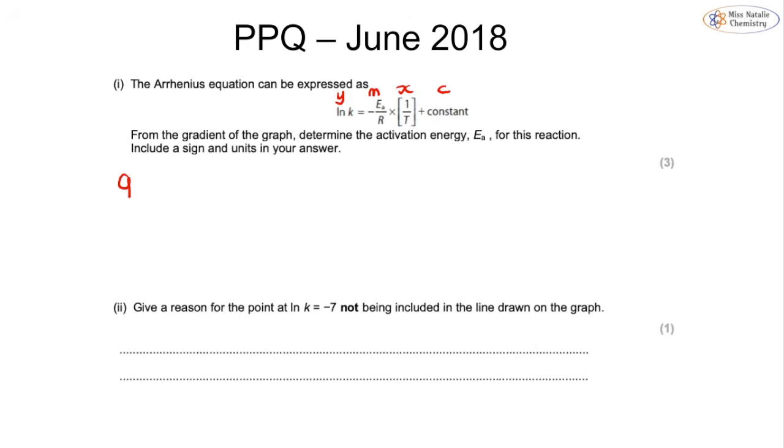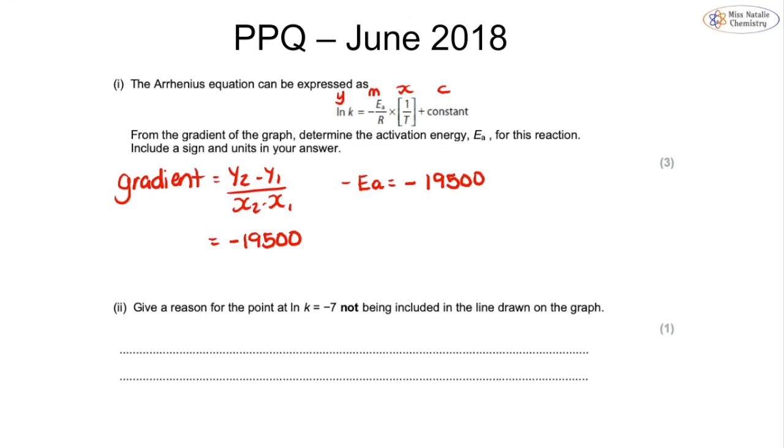You can work out the gradient to be y2 minus y1 over x2 minus x1, and using any of the points you get a value of 19,500.